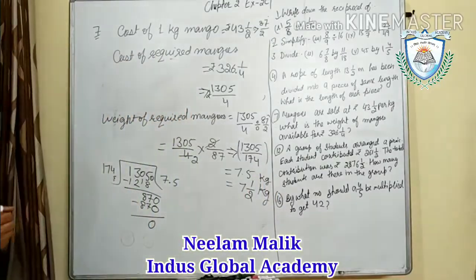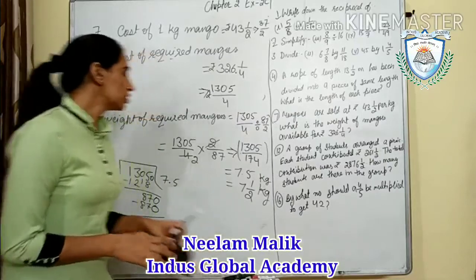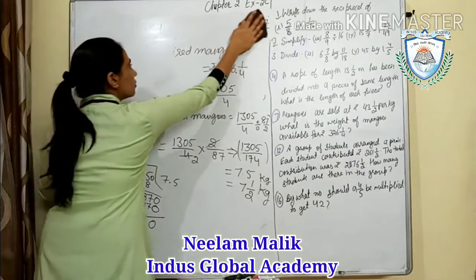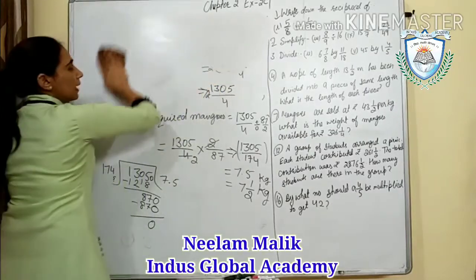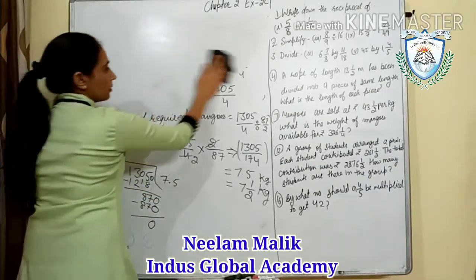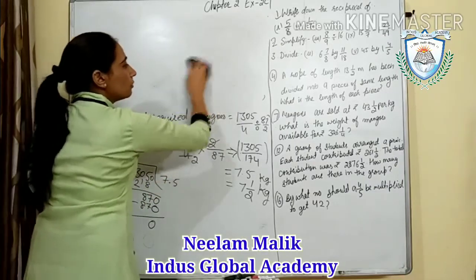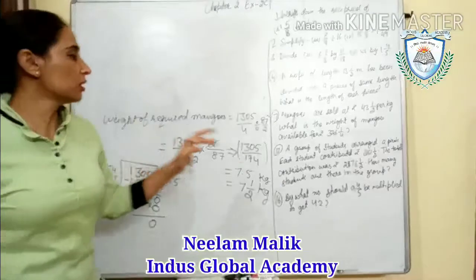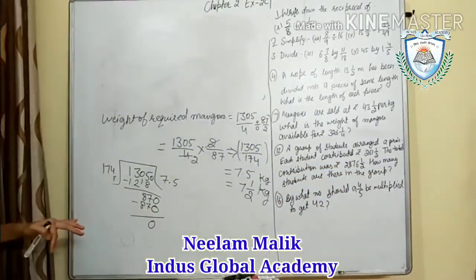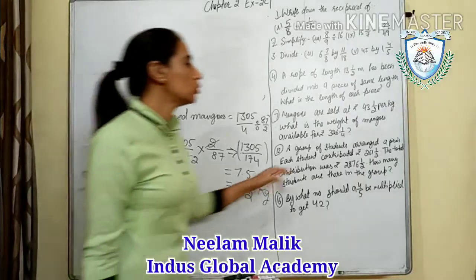Okay. Now question number 12. In question number 12, what is given to us? In that, a group of students arranged a picnic. Okay, they are going for a picnic, and each student contributed rupees 261 whole 1 upon 2.